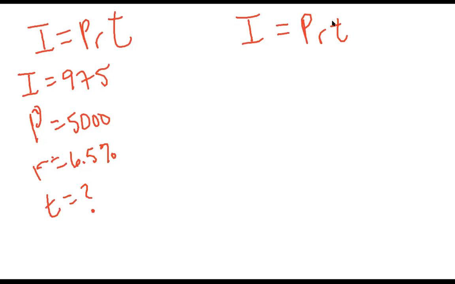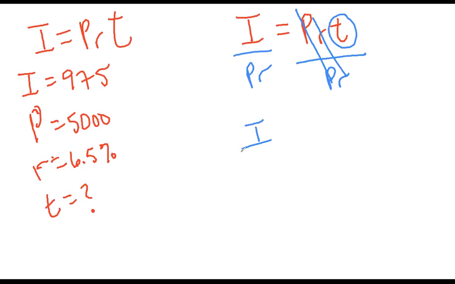The T. Okay, if I want to get the T by itself, what's happening right now to the T? Divide. Okay. So right now it's being multiplied. So in order to get rid of the multiplication, I need to divide by PR on both sides. That's just going to be I over PR equals T. Okay, and now you can just plug in your information.